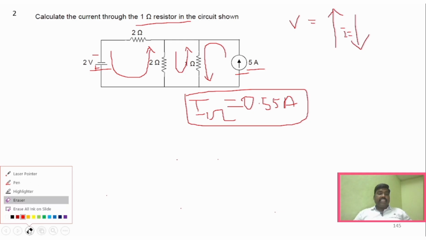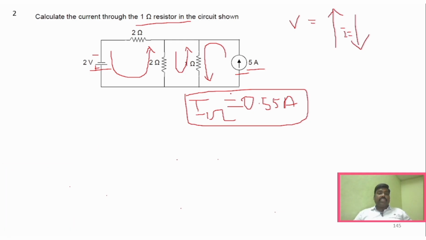Now the second step is you need to find out the current across this particular resistor because of this current source. So now I am short circuiting the voltage source.